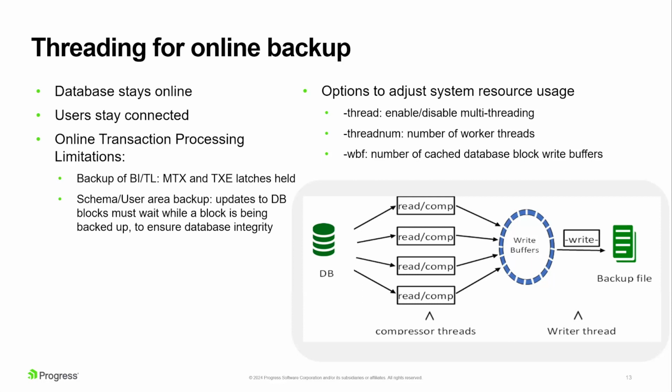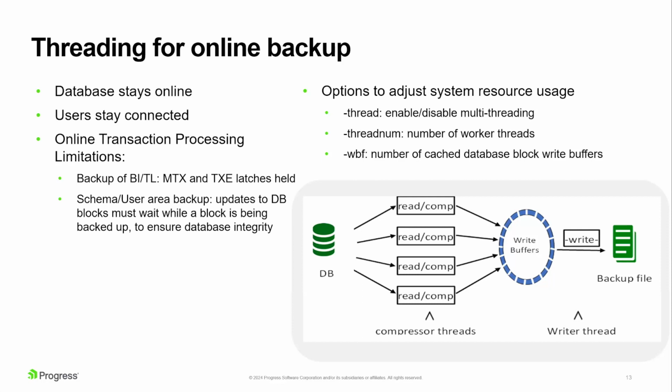So there were options added for you to be able to adjust your system resource usage with the online backup with threading. First, you enable or disable multi-threading, and then you can specify the number of worker threads. Those worker threads are doing the reads from the database and also the compression activity.